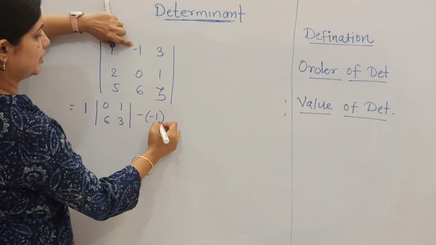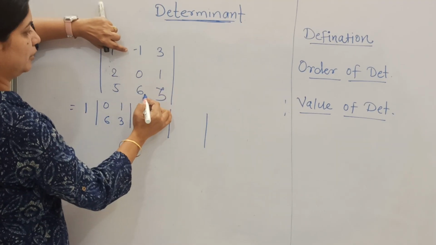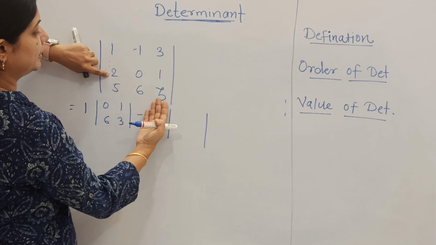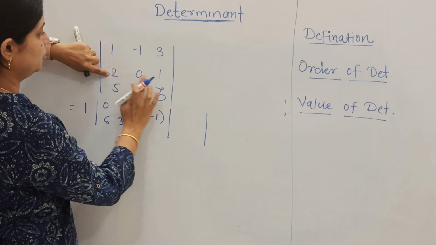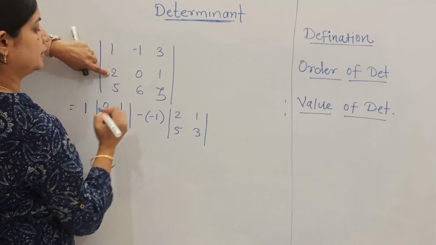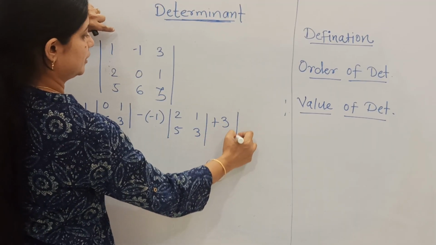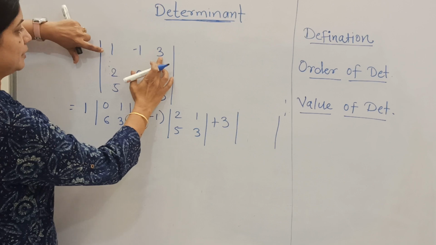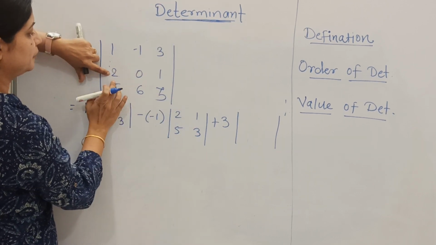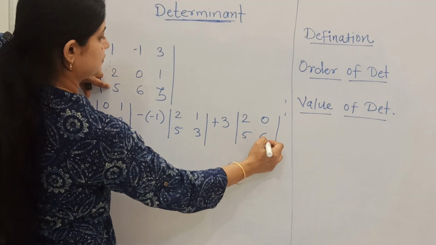So it is a minus of minus 1, and skip that row and column in which minus 1 lies and take the remaining elements as a minor. So 2, 1, 5, 3. Then the next element of the first row is 3. Skip the row and the column in which 3 lies and take the minor of the remaining elements 2, 0, 5, 6.